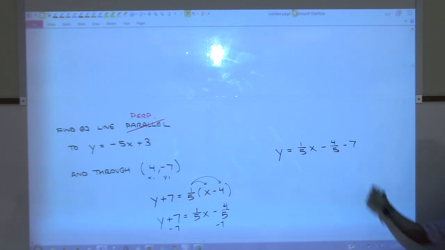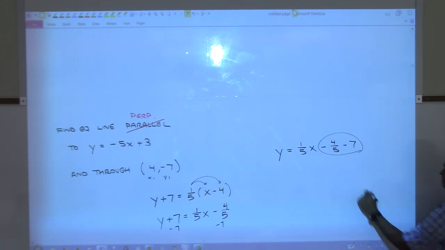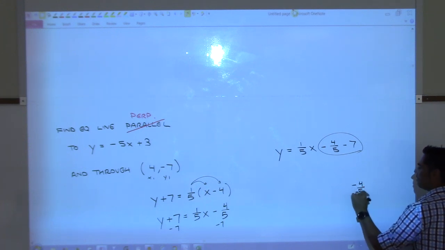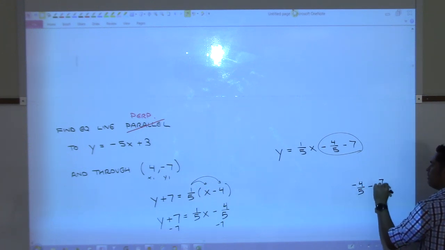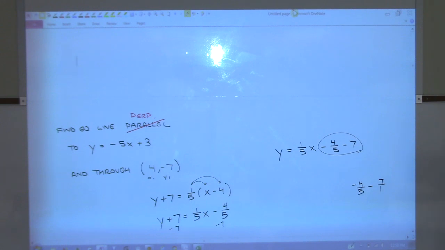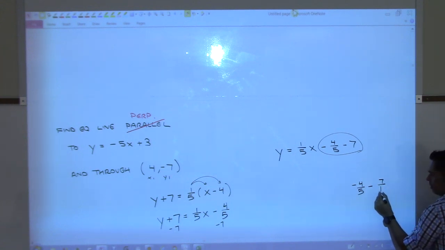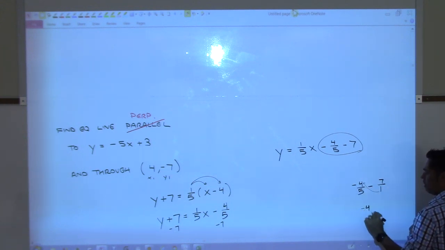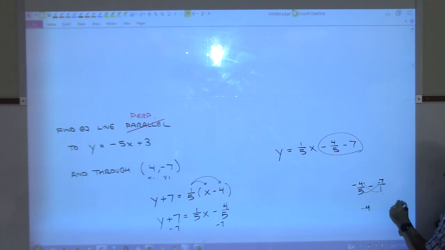So when you do this part right here, you might have to do that on the side. Minus 4/5 minus 7 over 1. You have to get a common denominator, right? Or you can do that cross thingy, whichever way you want to do it. I'm going to do the cross thingy. I'm going to multiply here, I get -4. I'm going to multiply here, I get 35, but I'm subtracting, so minus 35.